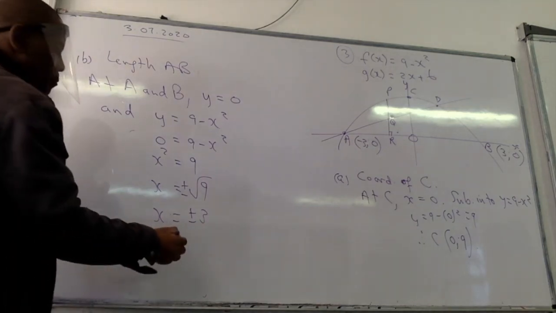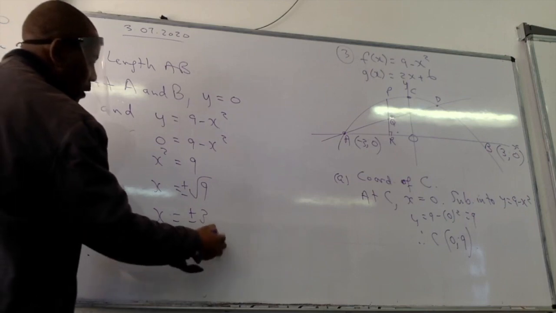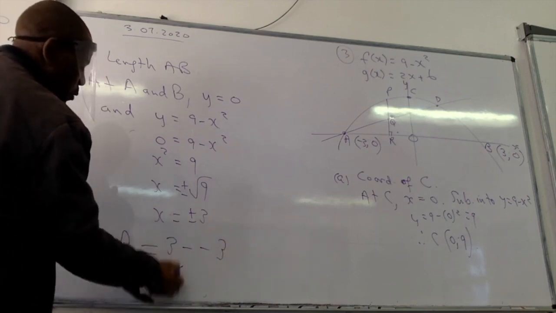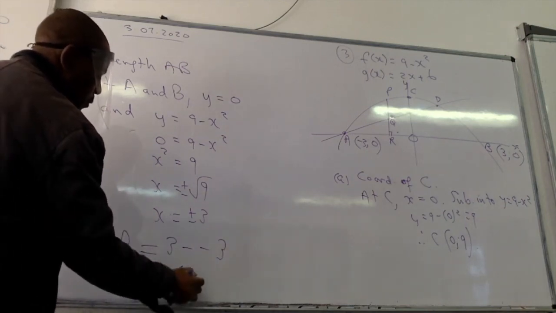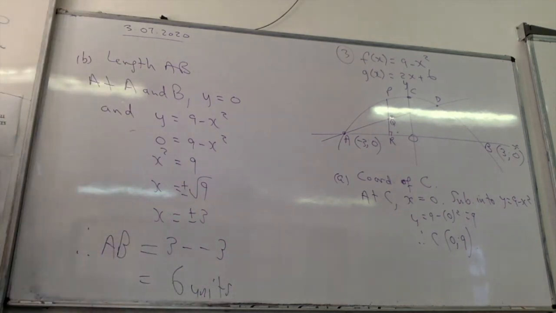You can take the value of x at B and subtract the value of x at A, and that will give us 6 units. You can just leave it as 6, but if you need units, it is not centimeters, it is 6 units. Okay. I'll be very happy to see you answering these questions like this.